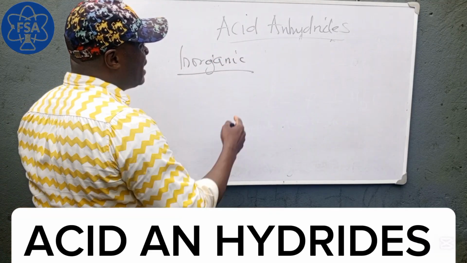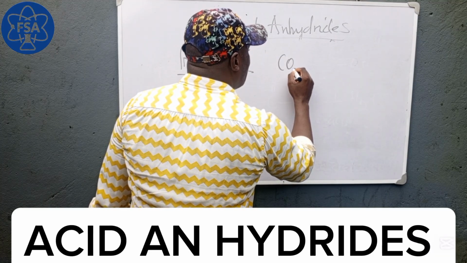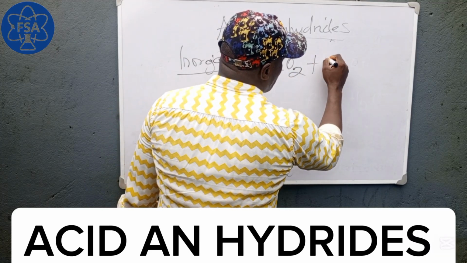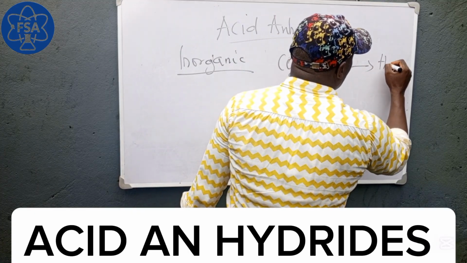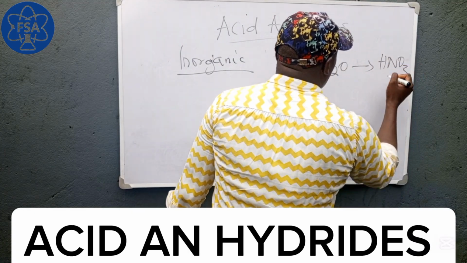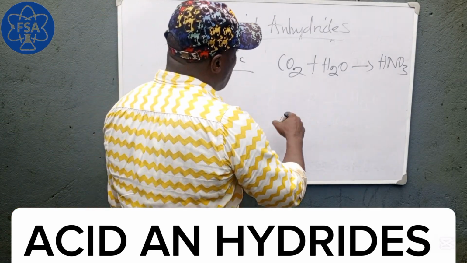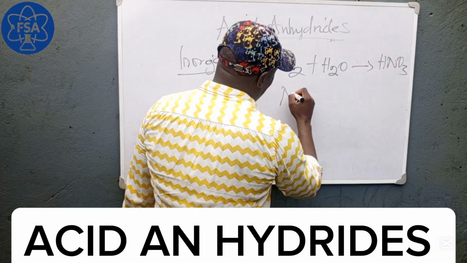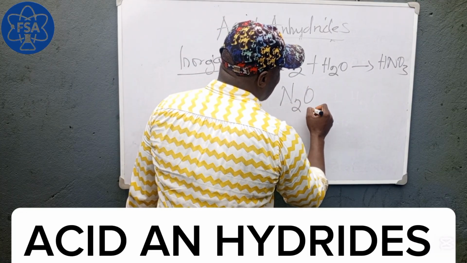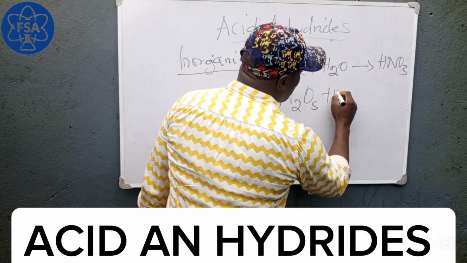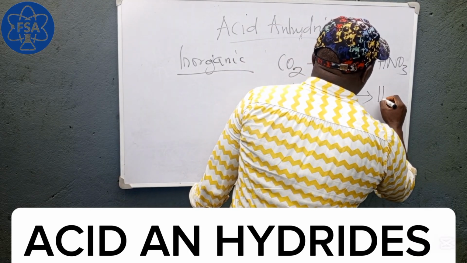Like I mentioned before, we have CO2 plus water, which will give us nitric acid. Then another compound, dinitrogen pentoxide plus water, also gives nitric acid.